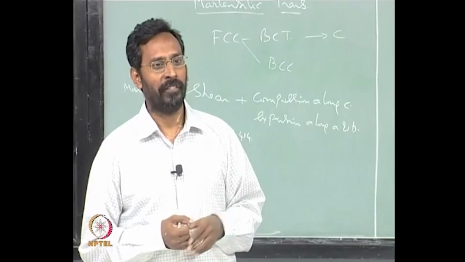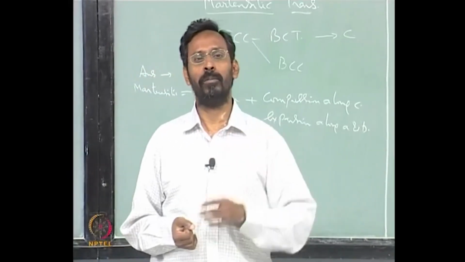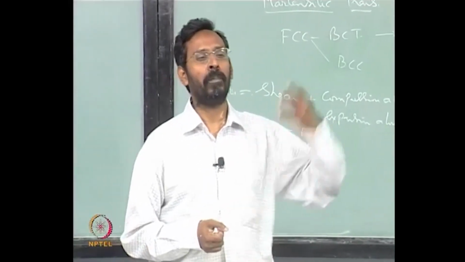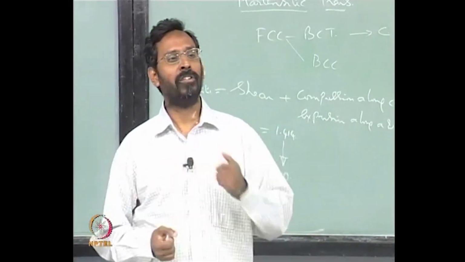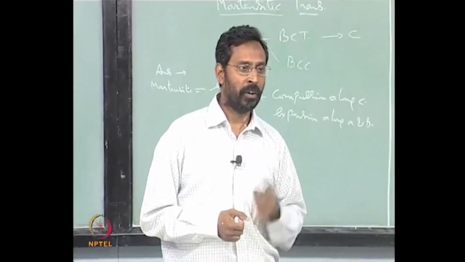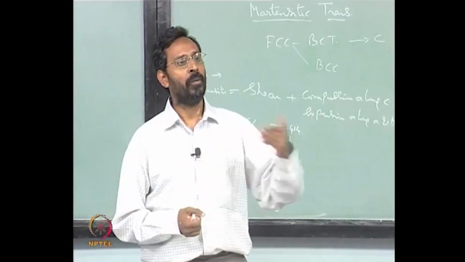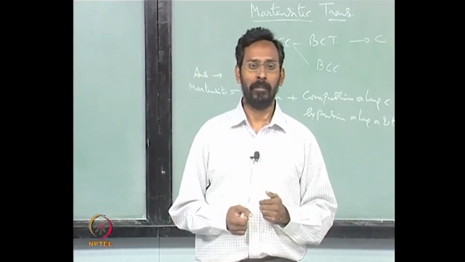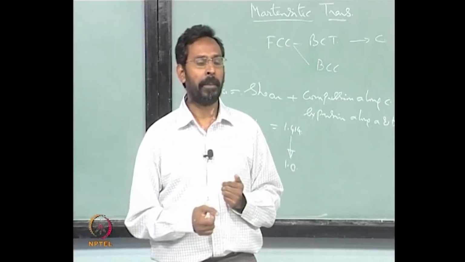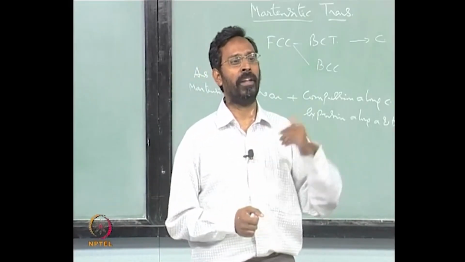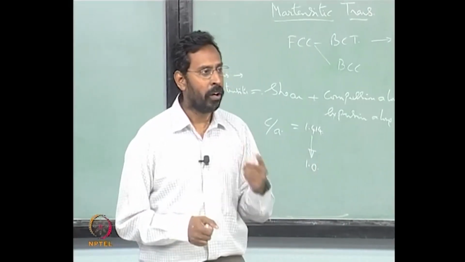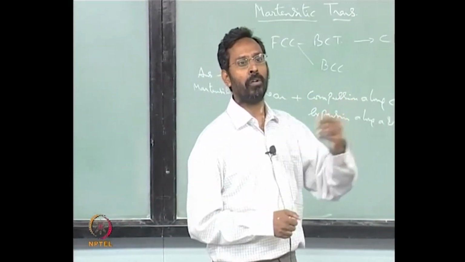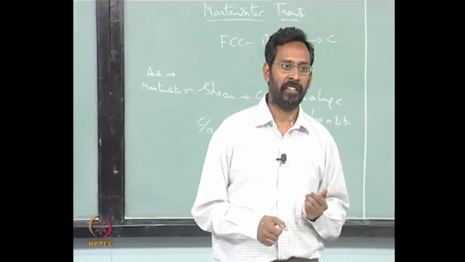This is always the case. For example, if you want graphite to transform to diamond, you need to apply a compression and also a higher temperature. The higher the pressure that you apply, the lower the temperature at which the diamond would form from graphite. The reason is diamond is a much more close packed structure than graphite.